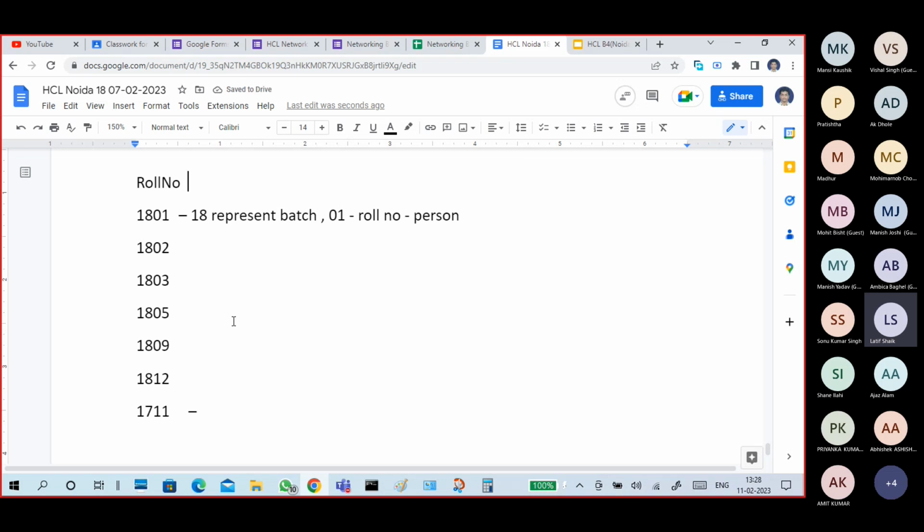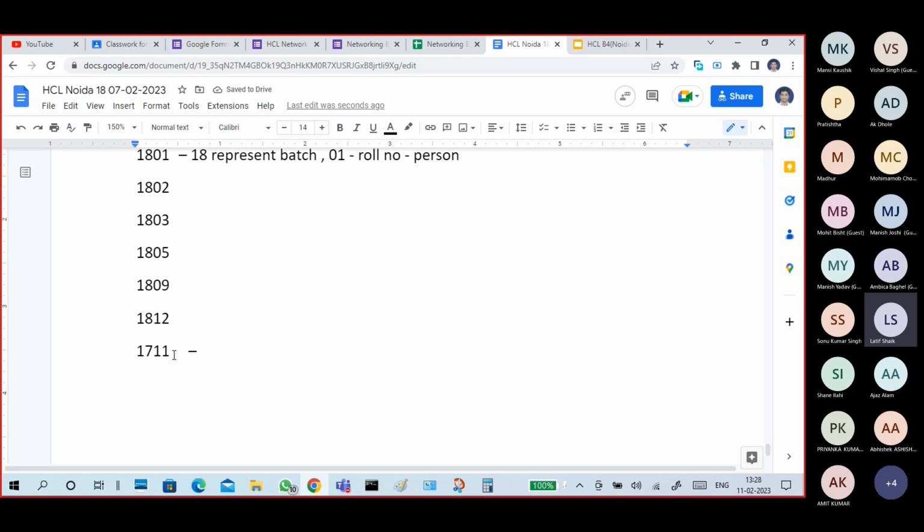I thought it was the 18th batch, but when I checked, it is 17.11. So this person belongs to batch 17, not to my batch. That's how we are dividing.